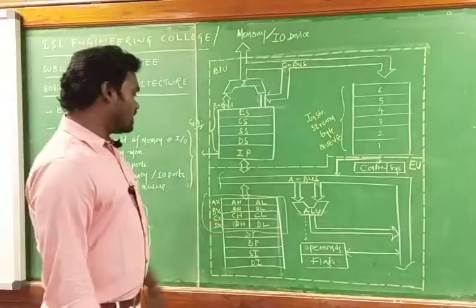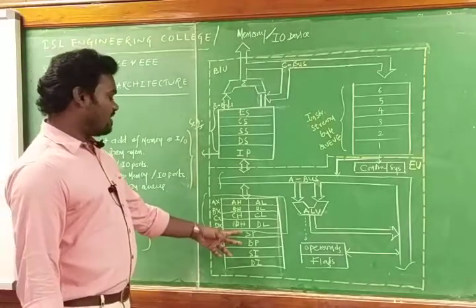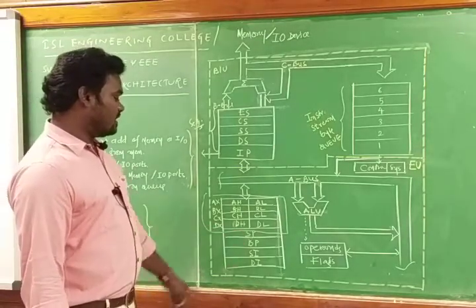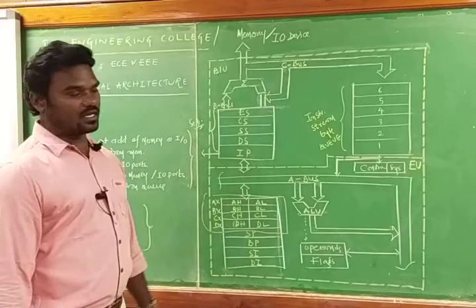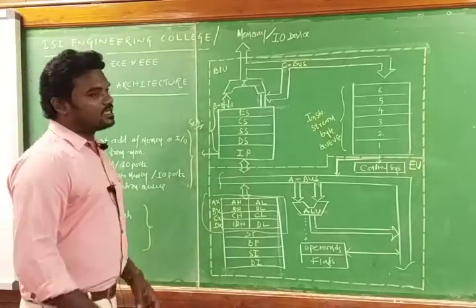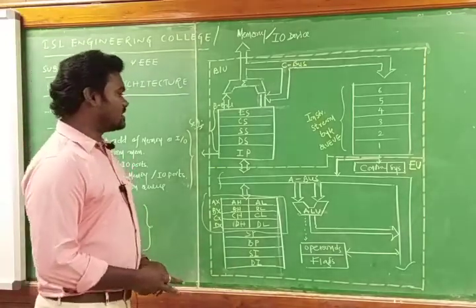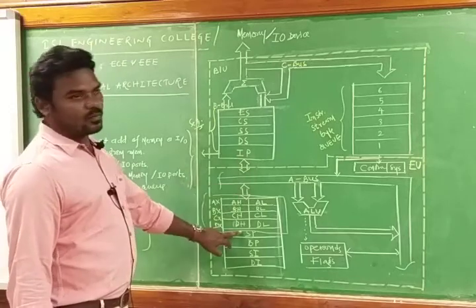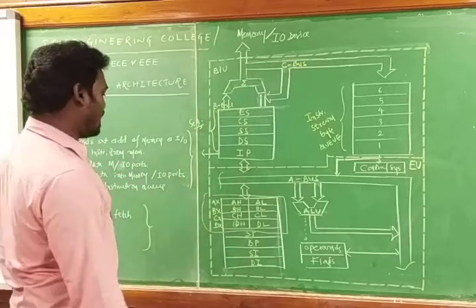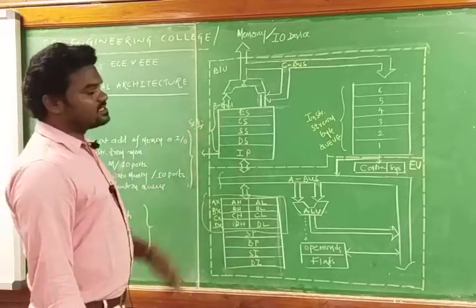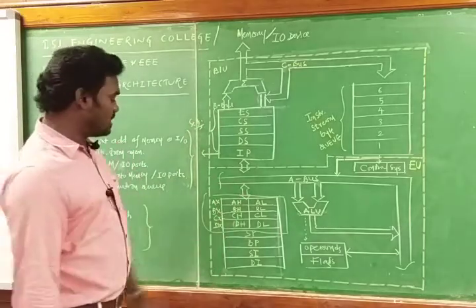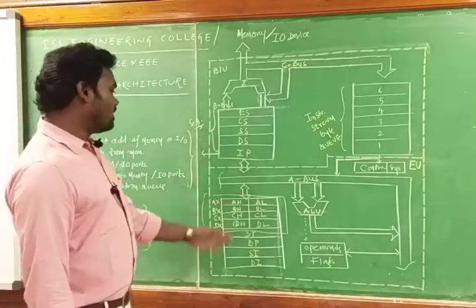Coming to the next ones, there are 3 pointer registers: instruction pointer, stack pointer and base pointer. One register is in the bus interfacing unit, and the remaining two, stack pointer and base pointer, are in the execution unit.